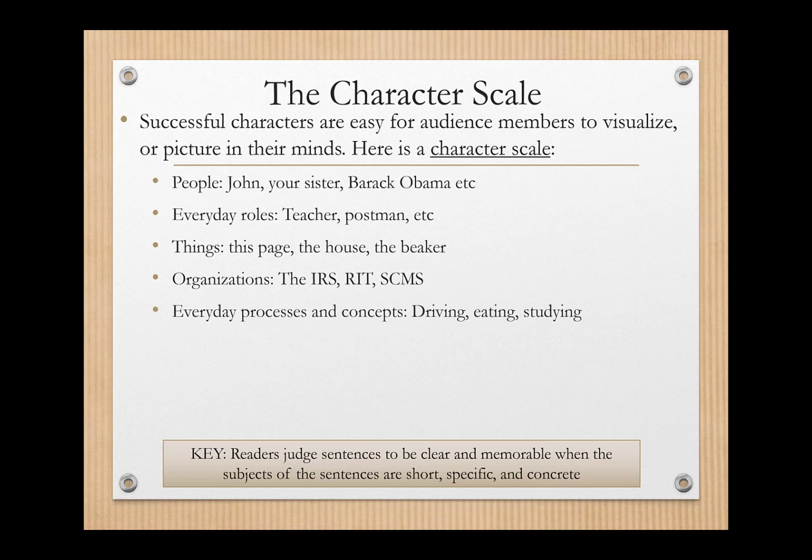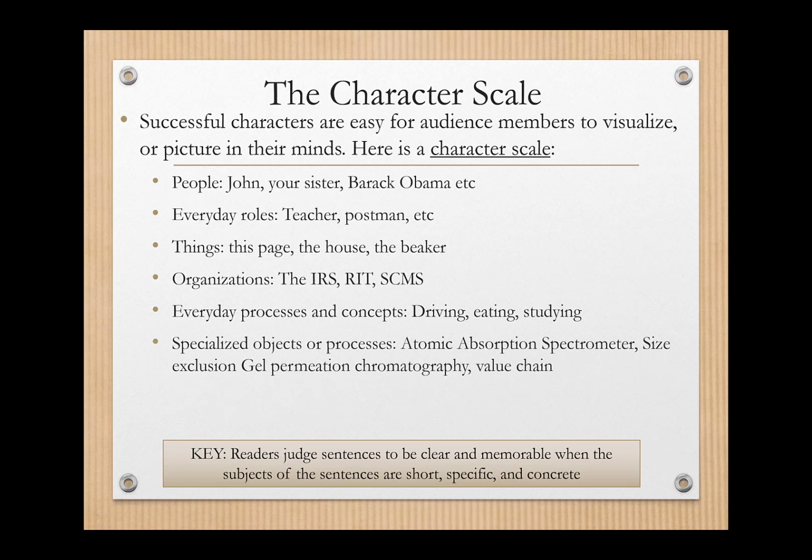Next down the list, we have everyday processes and concepts. Driving, eating, studying. Eating is a pleasure for me. Studying becomes quite difficult for me. So these processes can be used as subjects, but they're further down the scale.